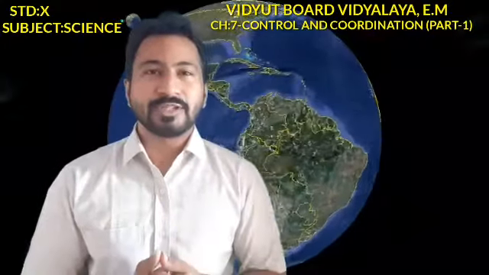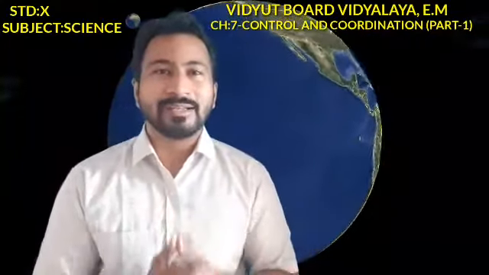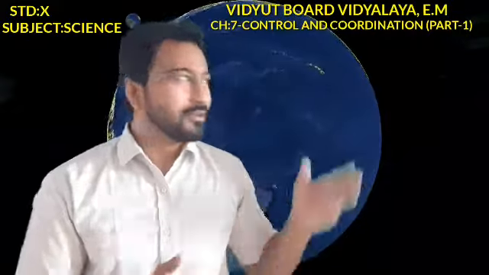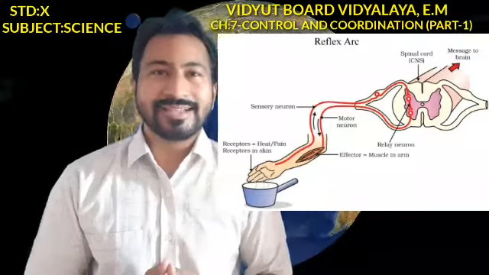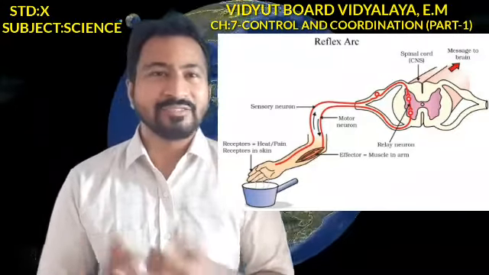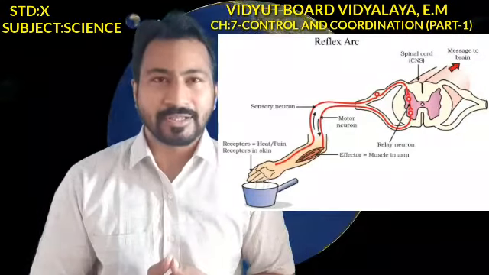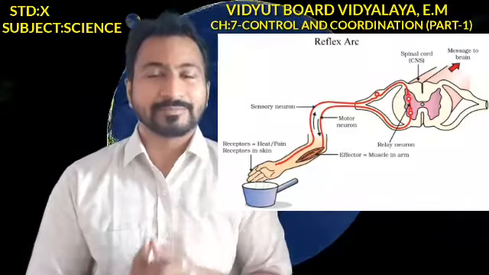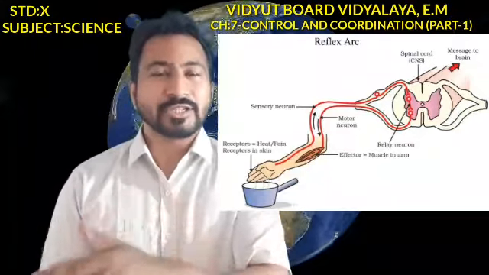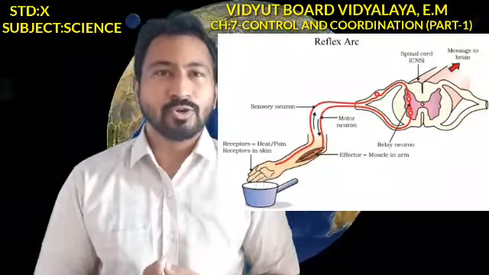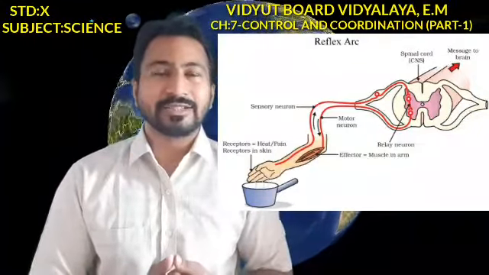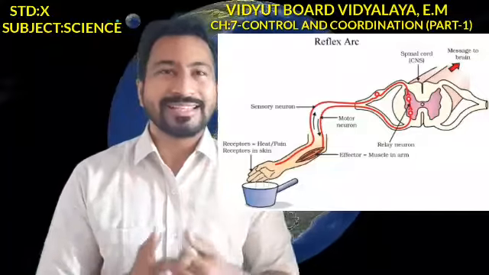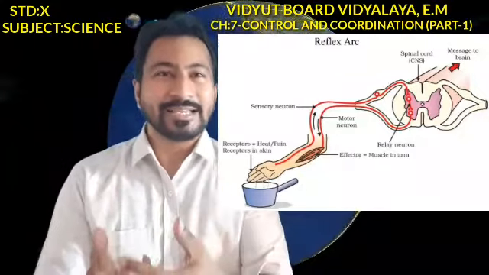So let us observe the structure of a typical reflex action which takes place in our body. Here in the diagram you can see very well that the information is basically sensed by the skin. The hand is touching a hot object, so the hotness of that object enters into the skin. So the skin is acting as a receptor organ.